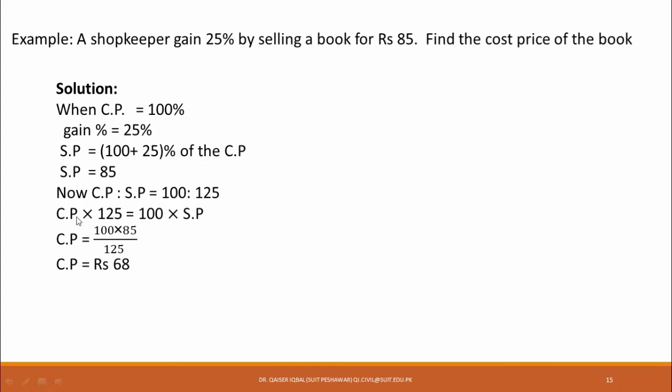Now the cost price multiplied by 125 is equal to 100 multiplied by selling price. And now the cost price is equal to 100 multiplied by 85 divided by 125. So after simplification, the cost price is 68.